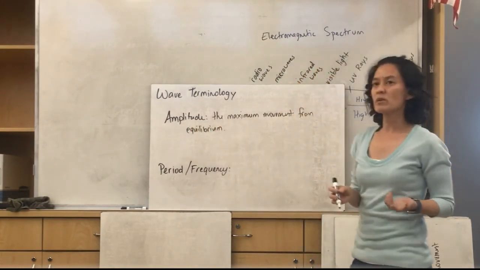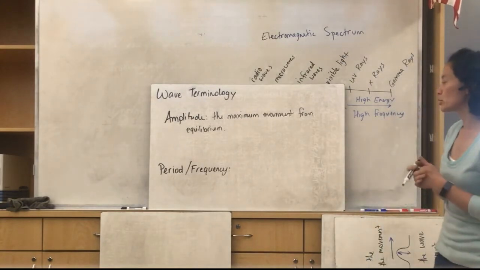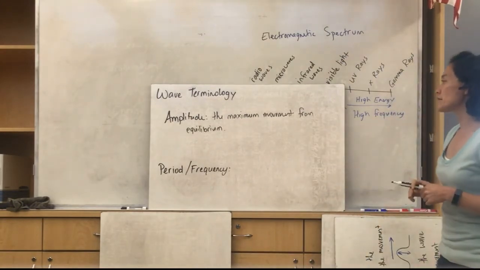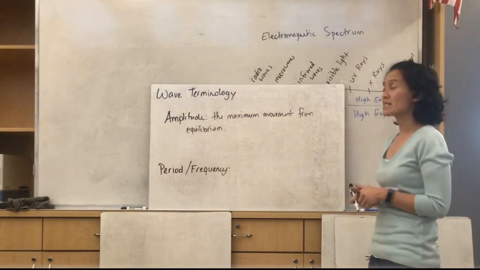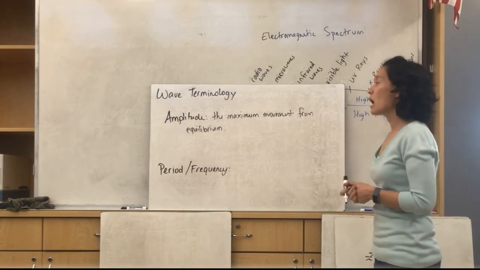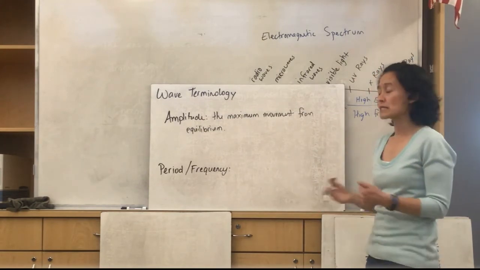We just symbolize it with a capital A to stand for amplitude. And in the case of our waves, we're going to see that this amplitude, for sound waves at least, is akin to like a loudness. For a light wave, it may be akin to like a brightness.